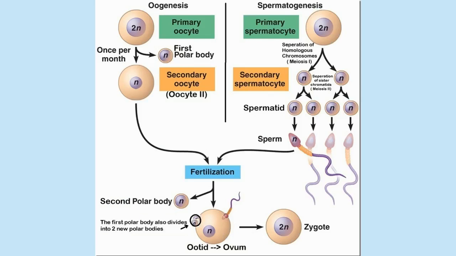Saan po nakuha yung 3 polar bodies natin kay oogenesis? First polar body, the second polar body, and the third polar body. So again, spermatogenesis produces 4 mature sperm cells, and the oogenesis produces 1 ovum and 3 polar bodies.